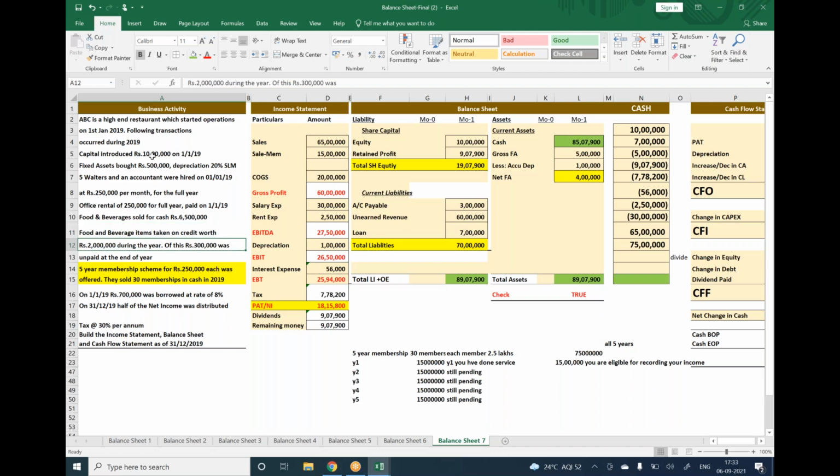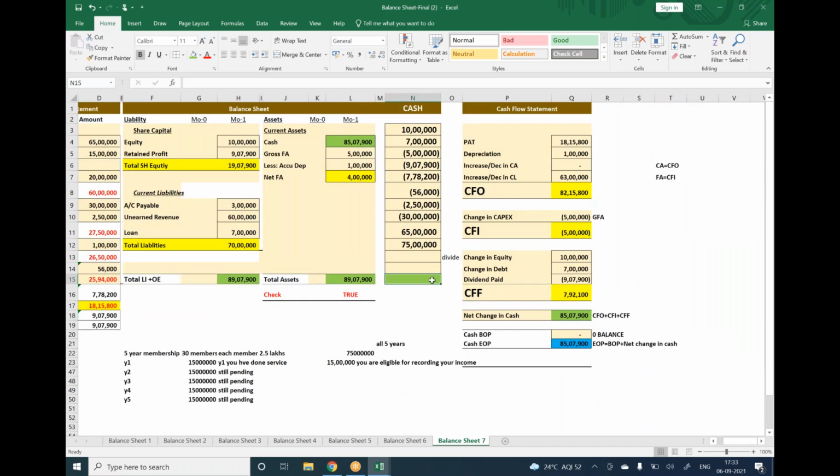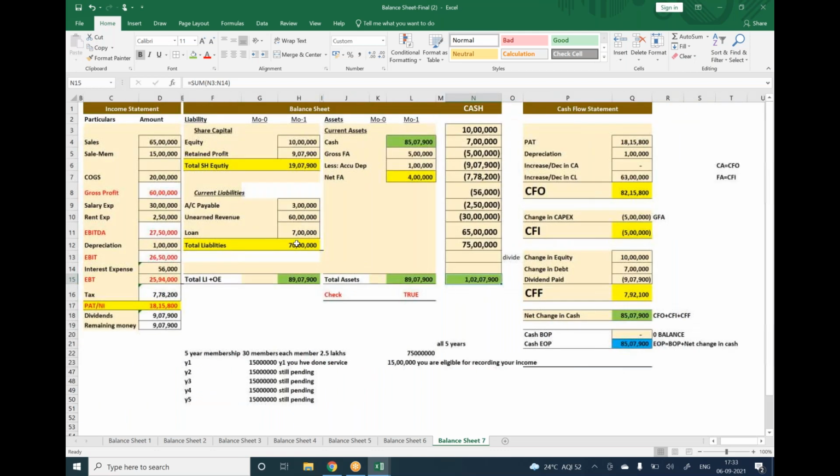Of this, 33 lakhs was unpaid by the end of the year. Okay. Anything is missing? That's it.